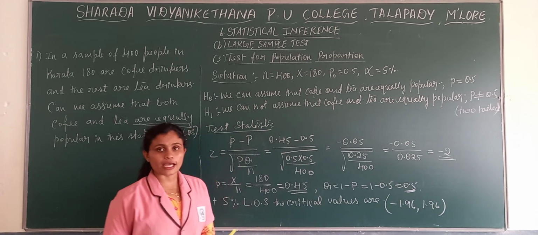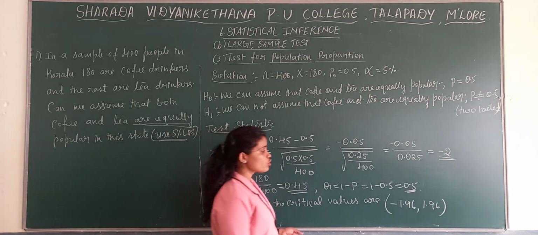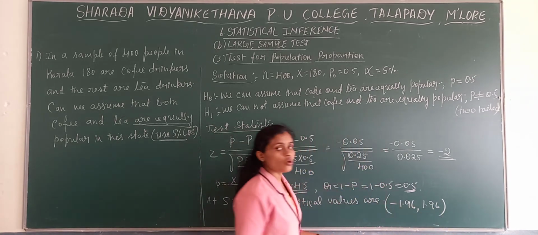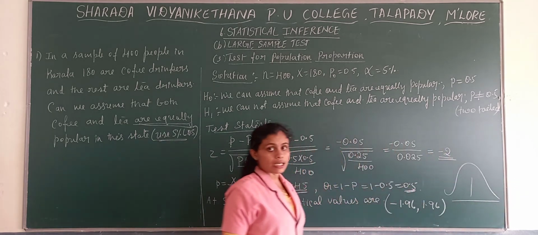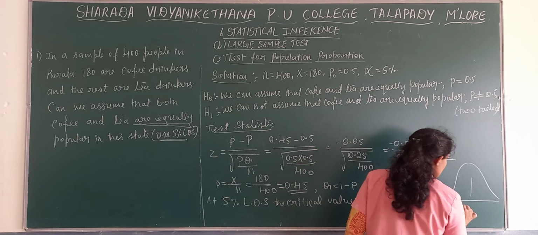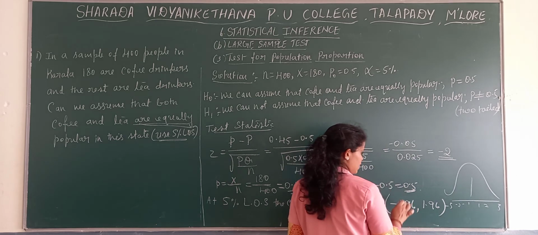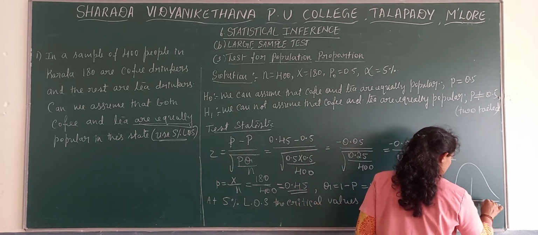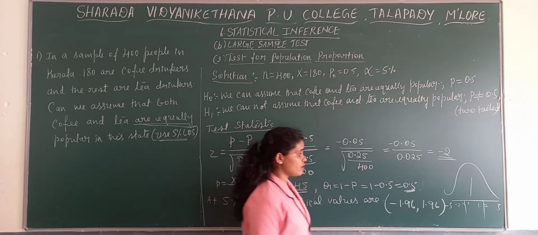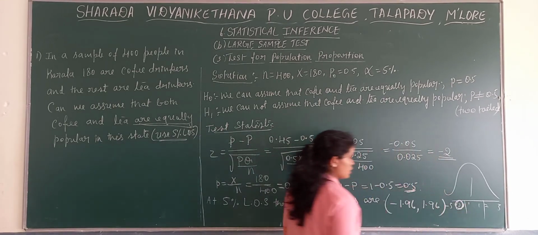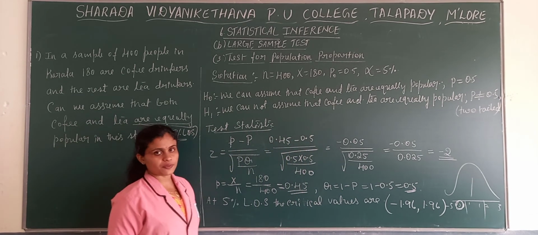So now we need to check. You know that in case of two-tailed, this calculated value should lie in between these two values. If we check the diagram, there comes -1, -2, -3, 1, 2, 3. Then -1.96 on an average here, positive 1.96. But here we got calculated value as 2, that will come here. So it lies outside the acceptance region. It will not lie in the acceptance region.